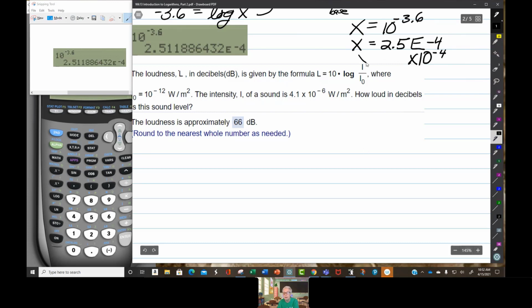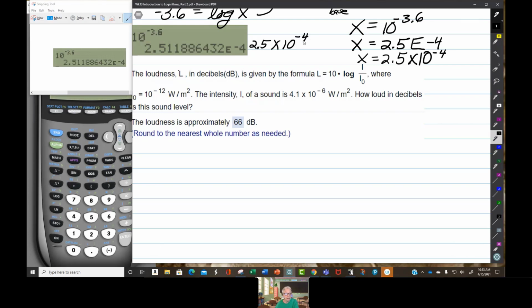So your answer is going to be x equals 2.5 times 10 to the negative 4 power. And let me write it over here also, 2.5 times 10 to the negative 4 power.